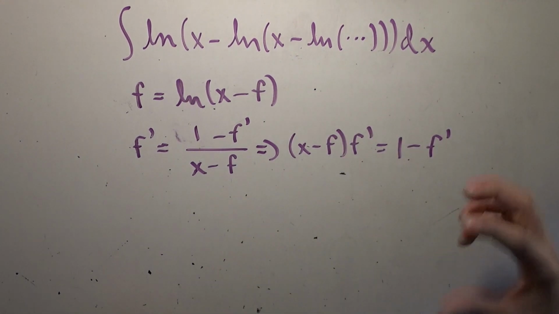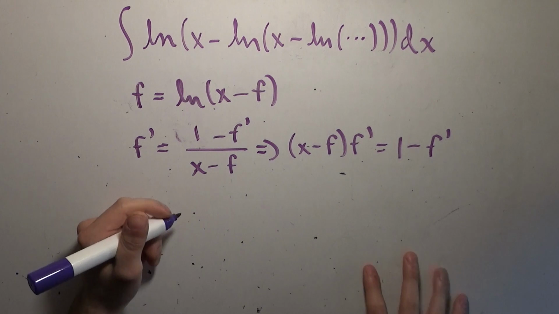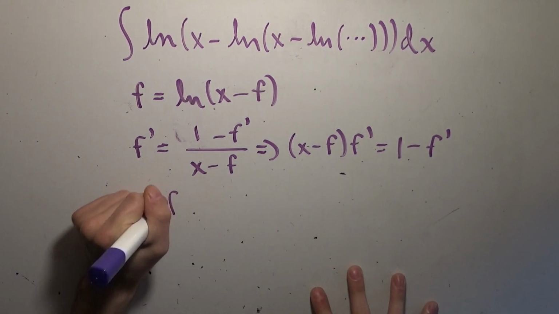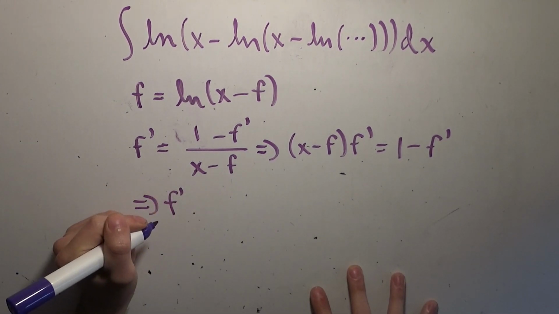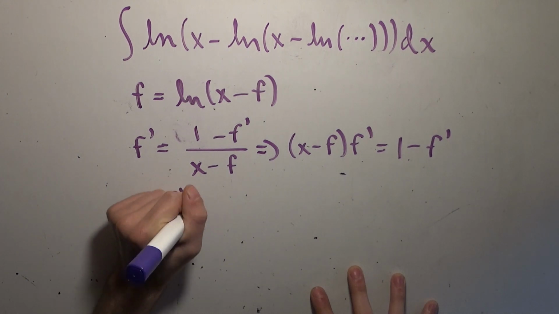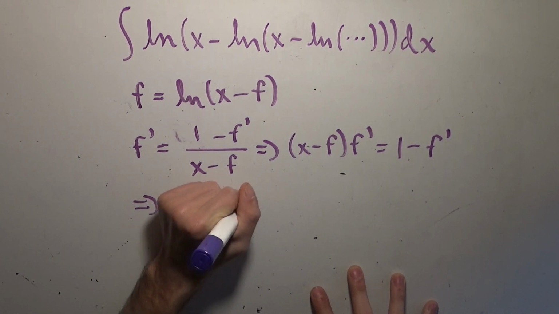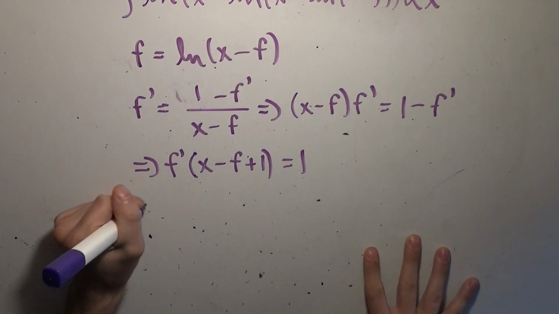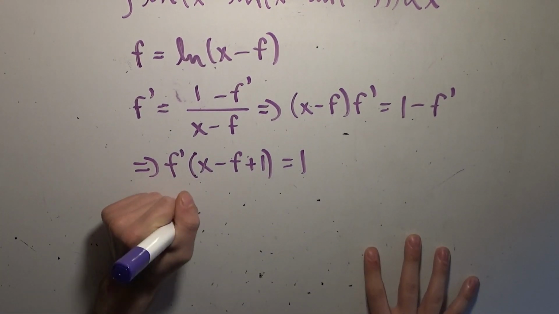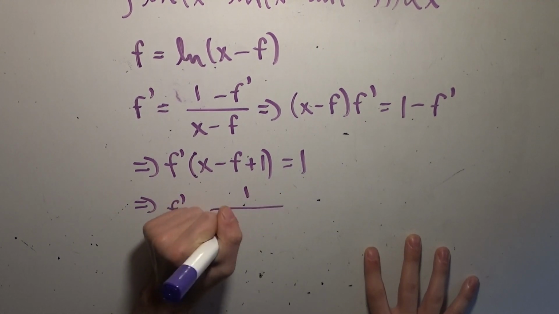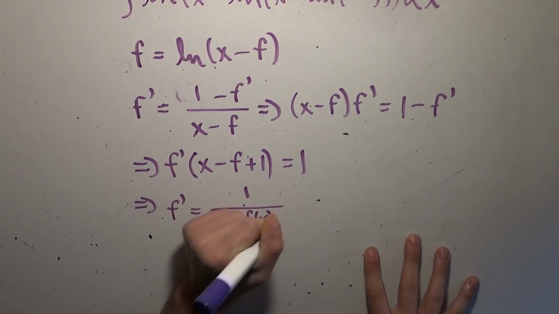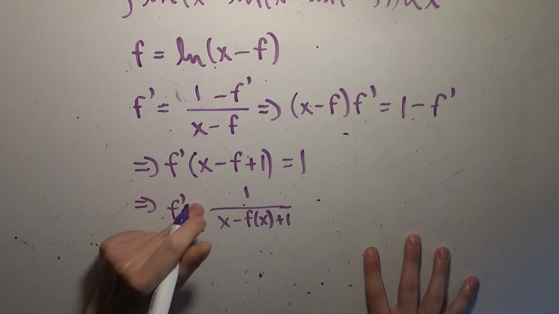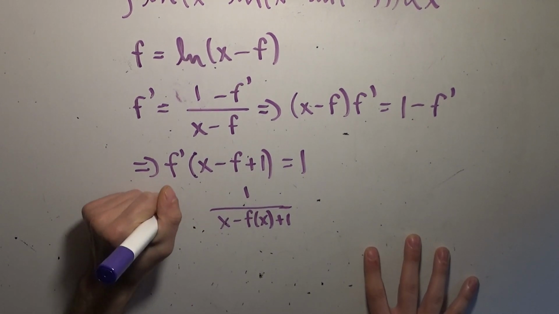Adding f prime over and factoring out the thing that it's being multiplied onto, we get that f prime times x minus f plus 1 is equal to 1. And then dividing over, we get f prime is equal to 1 divided by x minus f of x plus 1. So this is f prime of x, of course, the first derivative of f, whatever it is.